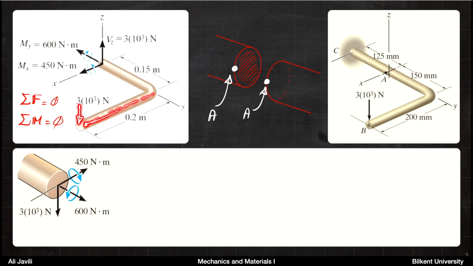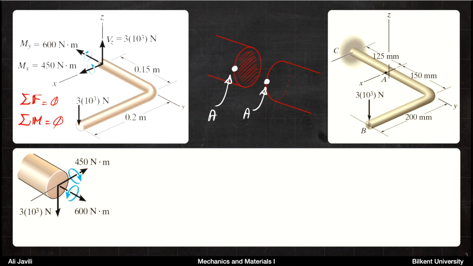If you multiply the force times that distance, it would cause a moment with respect to the y direction. That means you need that much moment in the opposite direction to have equilibrium of moments in y direction. That's why you get your 600, because it's basically multiplying 3000 by 0.2. So that is your My component.